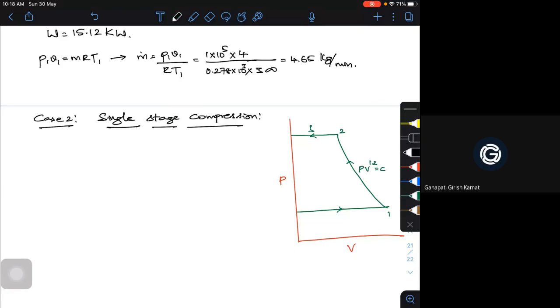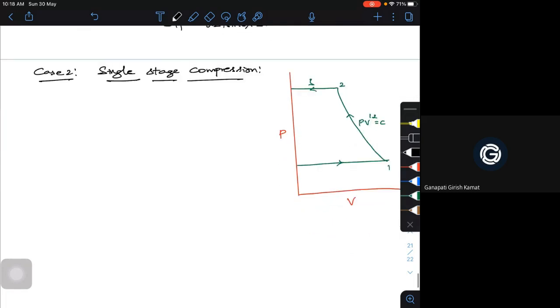Now we know the formula for this. For a single stage compression, W is equal to n by n minus 1 into P1 V1 into P3 by P1 whole to the power of (n minus 1) by n, minus 1. So for this condition P2 is equal to P3, because it is 8 bar for a single stage. There is no separate P3 here, so directly it is P2.